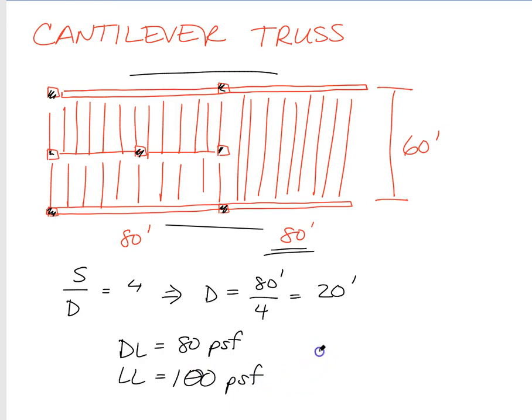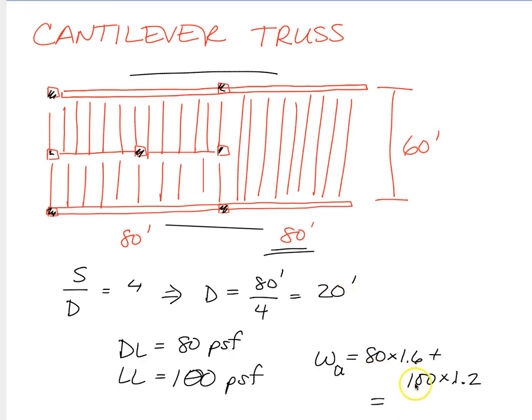So that would mean that the area load is going to be 80 times 1.2 plus 100 times the 1.6, sorry.